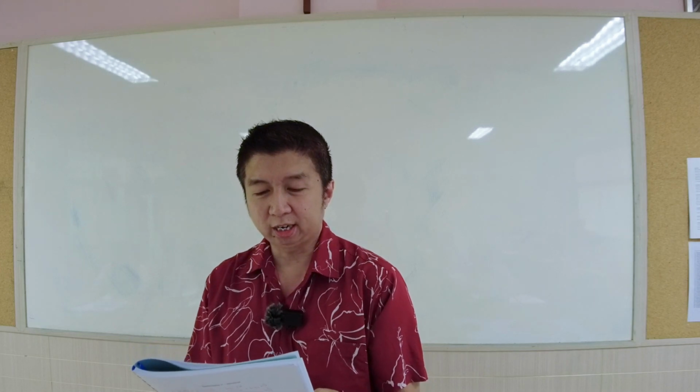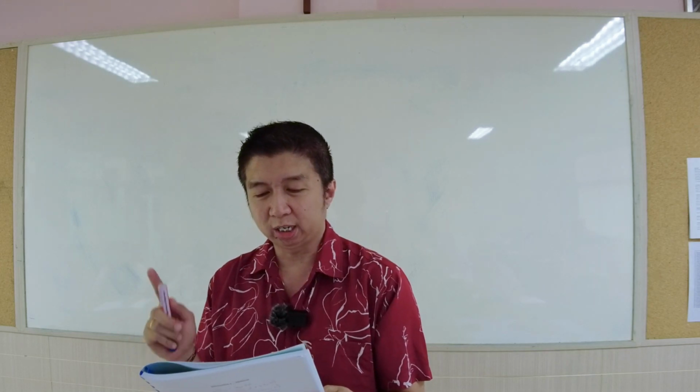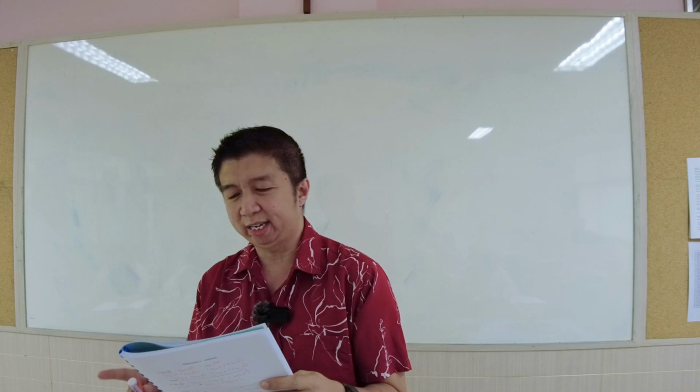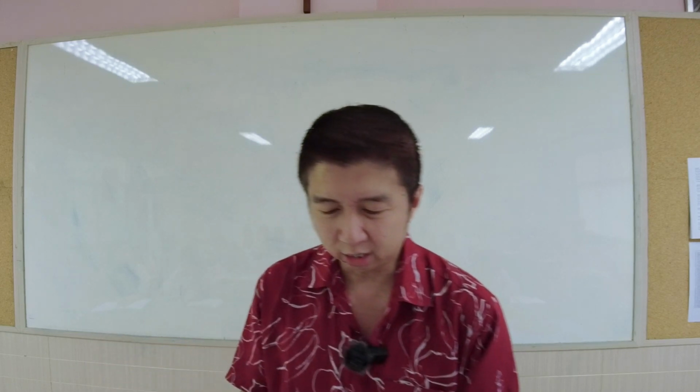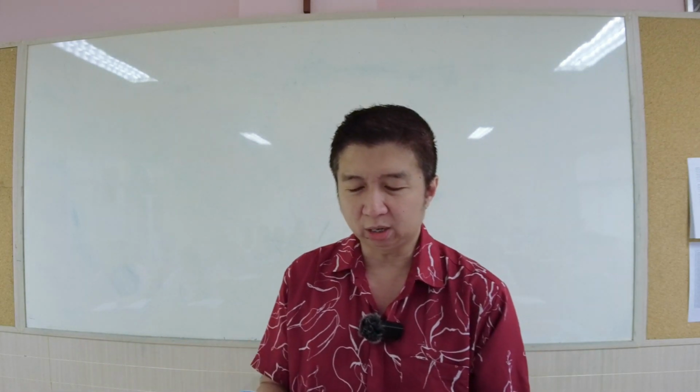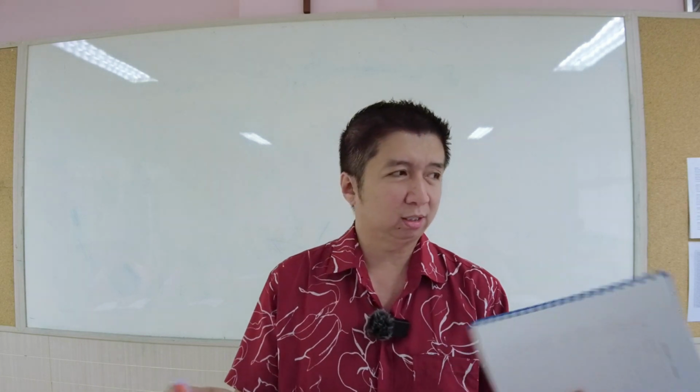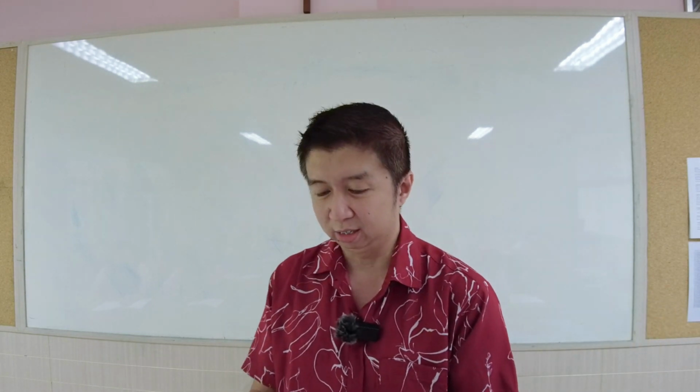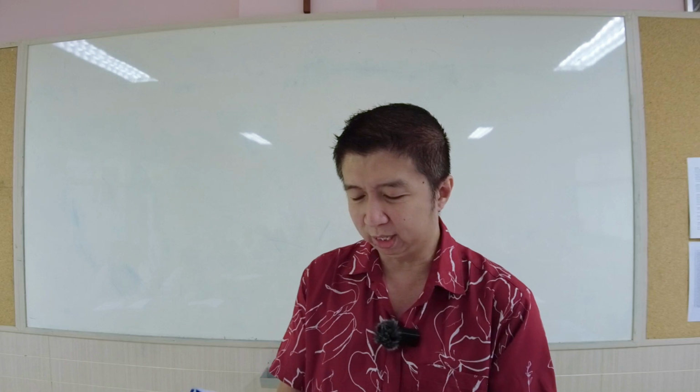Express in terms of logarithm of x, logarithm of y, logarithm of z, and logarithm of w with the base of a. So it means no exponent. Your answer must not have exponent.